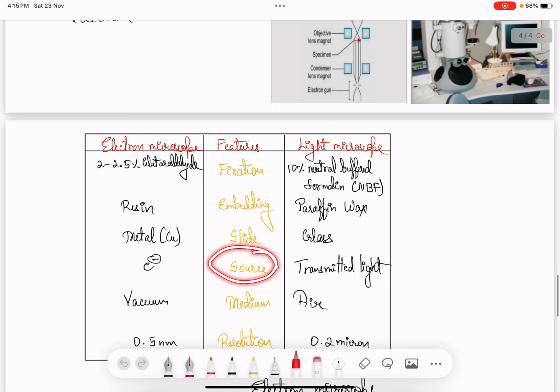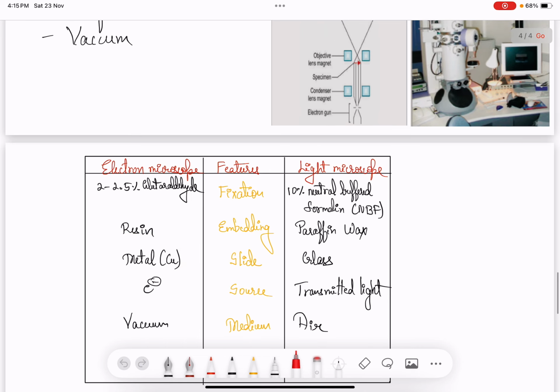And what is the source? For the light microscope the source is transmitted light, and for the electron microscope you use electrons. For the light microscope, which you use in your labs also, the slide is a glass slide, but for the electron microscope you use a metallic grid made of copper.